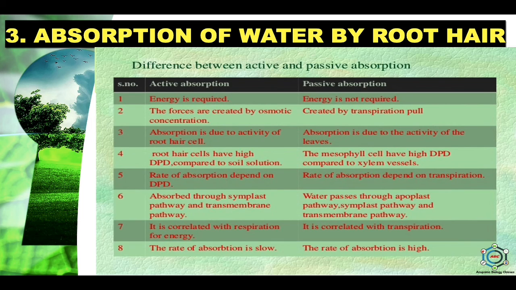Active absorption is correlated with respiration for energy, while passive absorption is correlated with transpiration. In active absorption the rate of absorption is slow, while in passive absorption the rate of absorption is high.